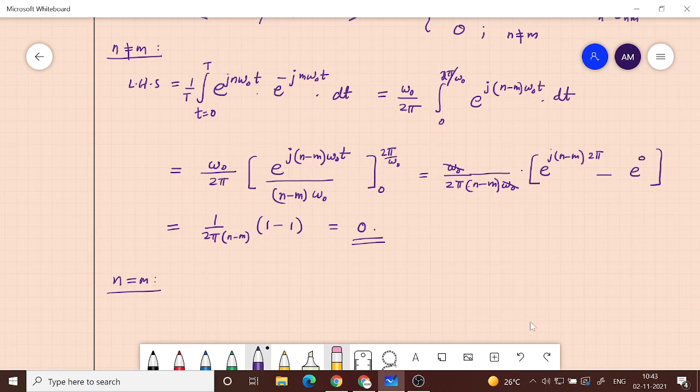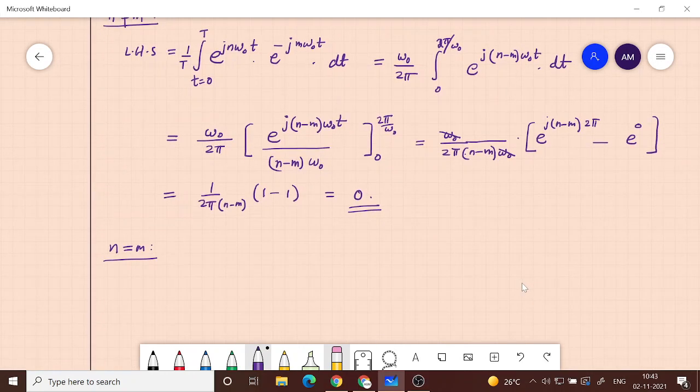The n equal to m case is even simpler. That is, e raised to j n omega 0 t, inner product with e raised to j n omega 0 t, is equal to 1 by T integral 0 to T of the first function, e raised to j n omega 0 t, into the conjugate of the second, e raised to minus j n omega 0 t, dt.